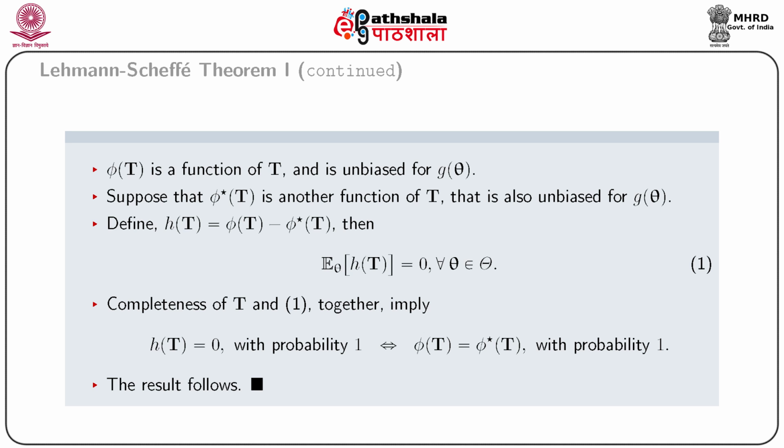Since T is complete, we have h(T) equal to 0 with probability 1. That is, we must have φ(T) equal to φ*(T) with probability 1. Hence, φ(T) is the unique UMVUE of g(θ).